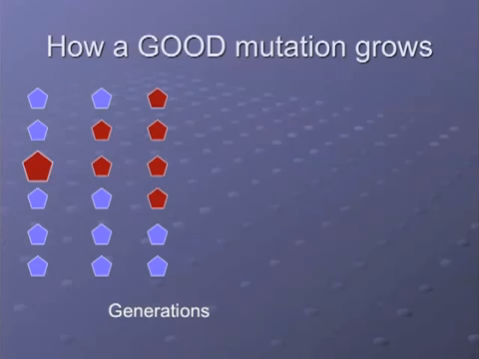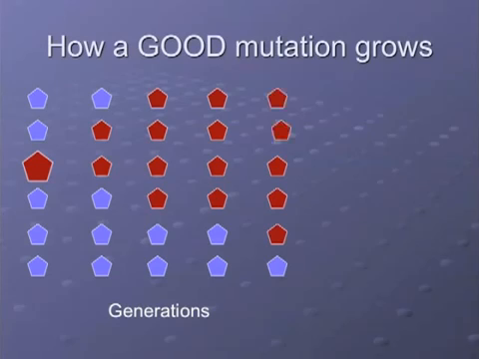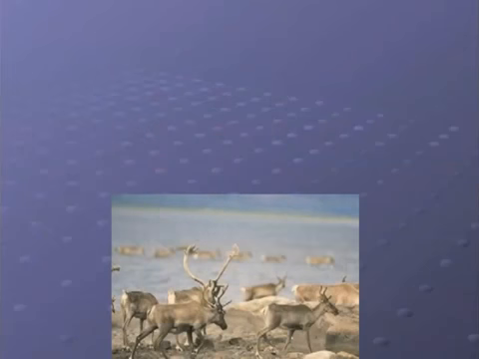So they were able to have even more. The next generation, it might level off, but then eventually it becomes a commonplace mutation. It becomes more common than the unmutated. So therefore the one red that started in generation 1, now you have 5 reds and 1 blue. So that's how the good mutation grows.